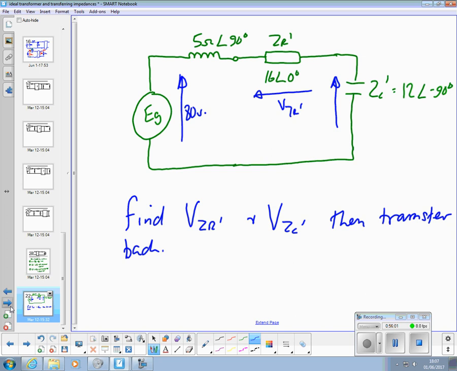Wouldn't that be lovely, if they were both 5 ohms, one at angle 90, the other at angle minus 90. Think about the triangle. If that line and that line are equal, then they cancel each other out, and all we've got left is resistance. We ain't got that. We've got 12 and 5.